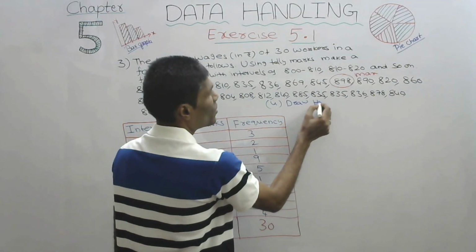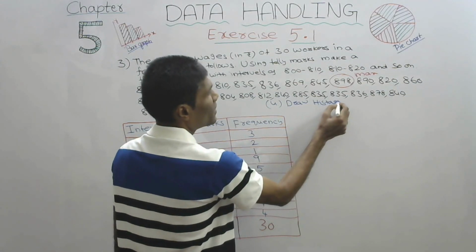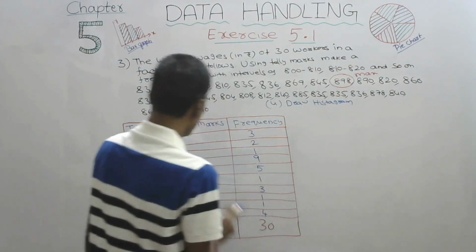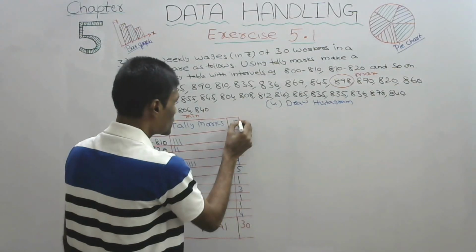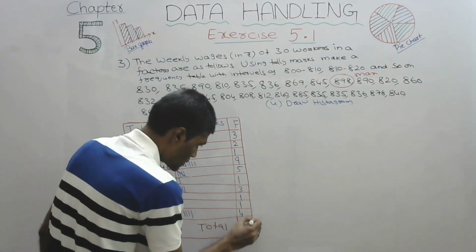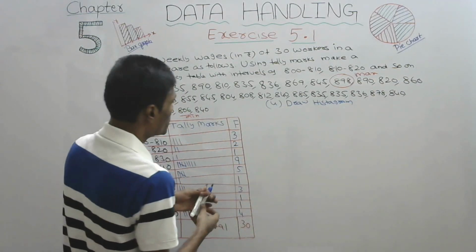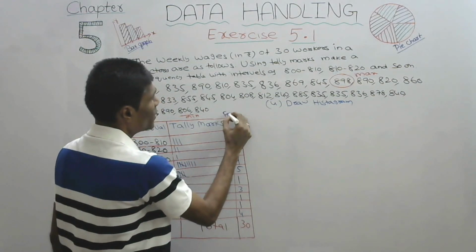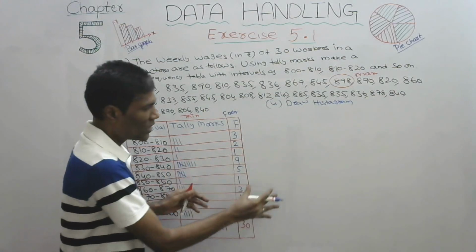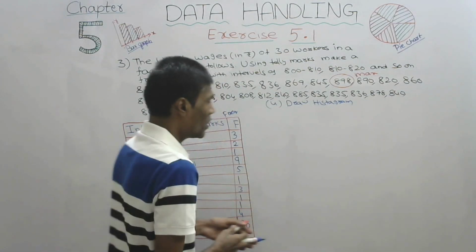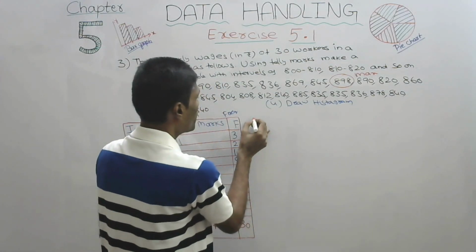Draw a histogram for this table. Let us draw. So these are the values and this is frequency. Just we have adjusted this so that I will get some place. Now let us draw a histogram.